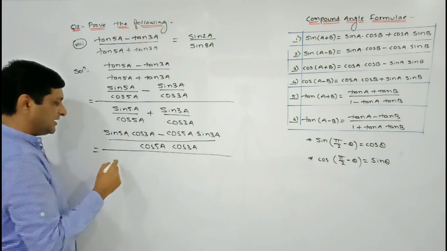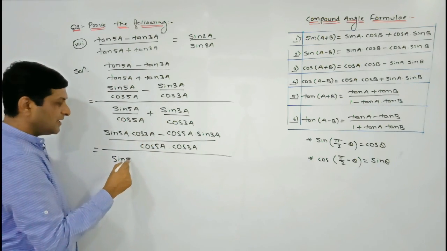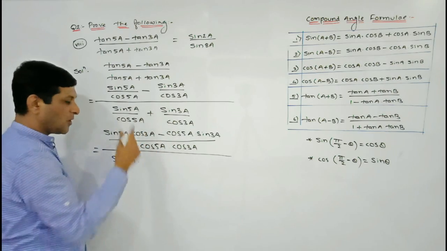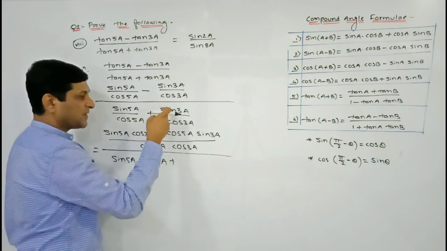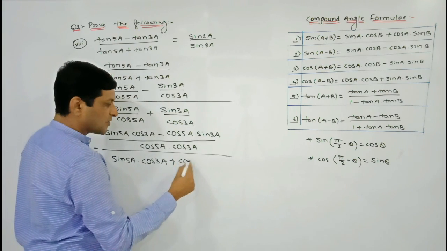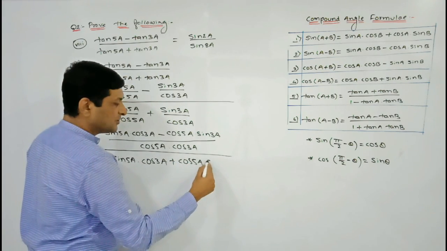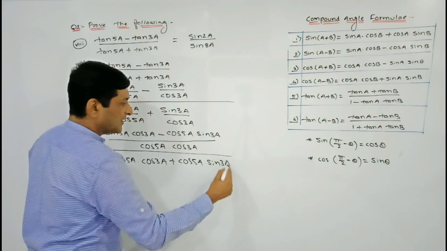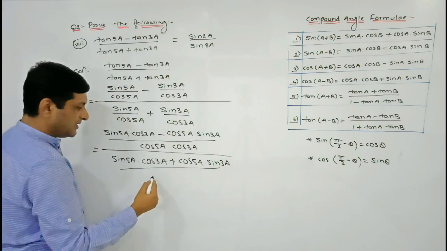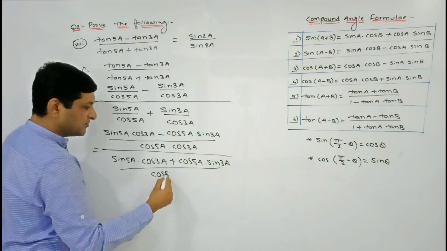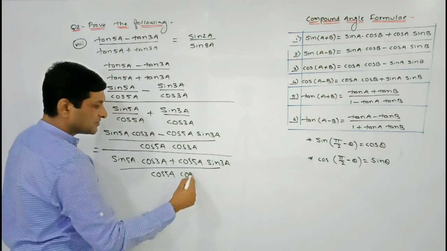Again here sin 5a into cos 3a plus cos 5a into sin 3a divided by cos 5a into cos 3a.